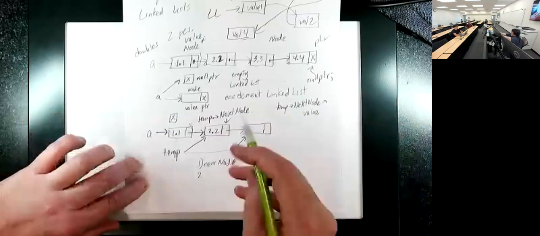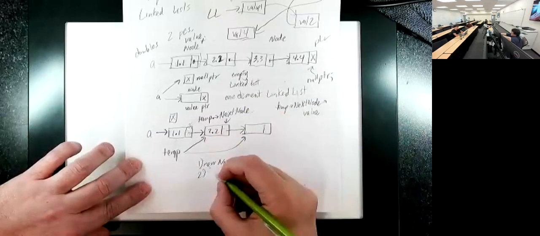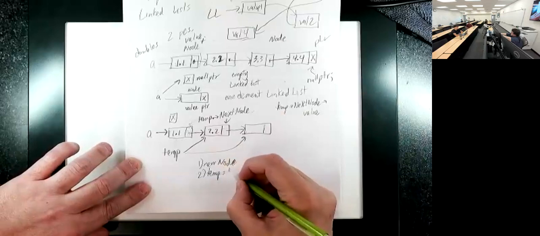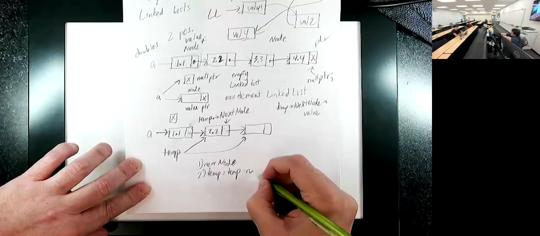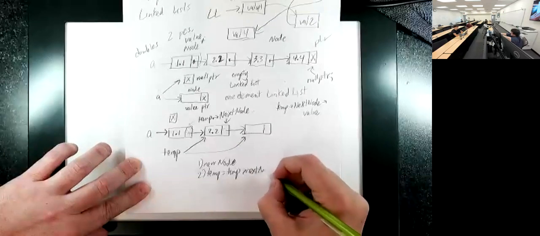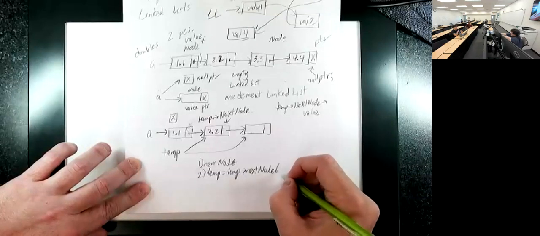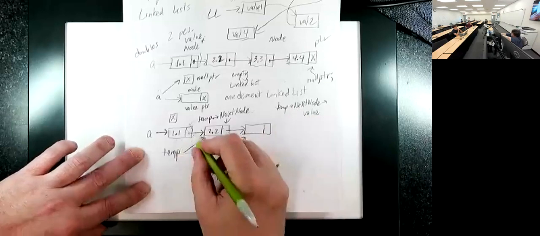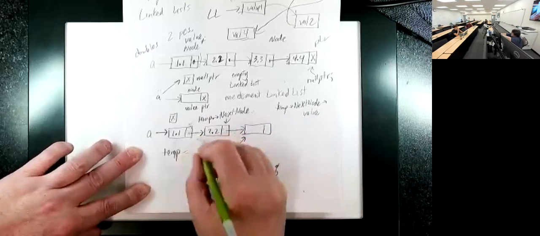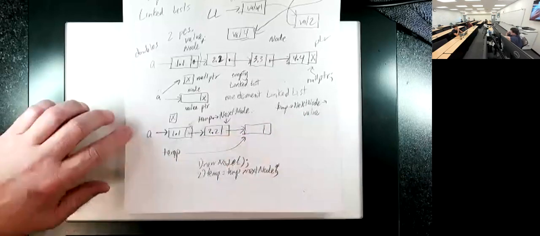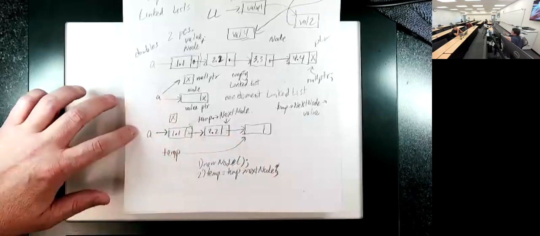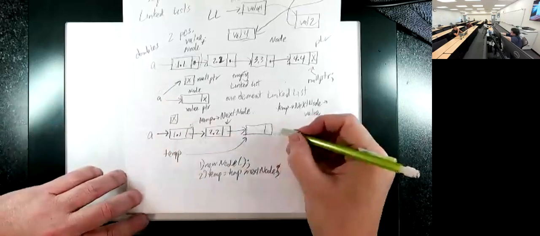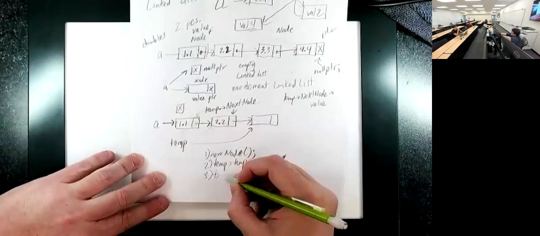But if I redirect temp by saying temp equals temp next node, no, just that, and we got that. That gets rid of this pointer right here. 2.2 has only an arrow from 1.1, which is from A. And now we've got this pointer here. 3, we should assign it a value.